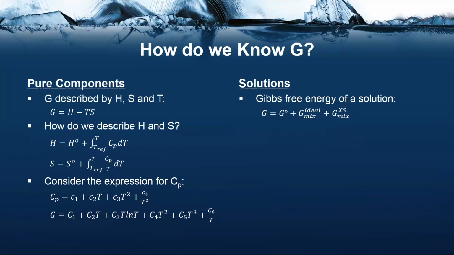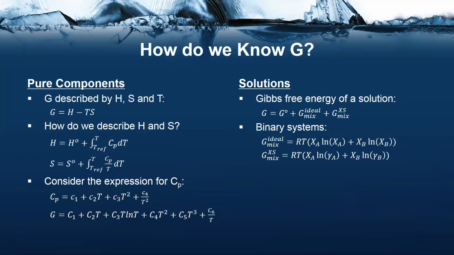In the course of high temperature processes, we saw that for a binary system, we can express the ideal Gibbs mixing quantity as this function with the gas constant, the temperature, and the mole fractions. In the same course, we also saw that the excess function was described based on the mole fraction and functions for the activity coefficients for the components in the system.